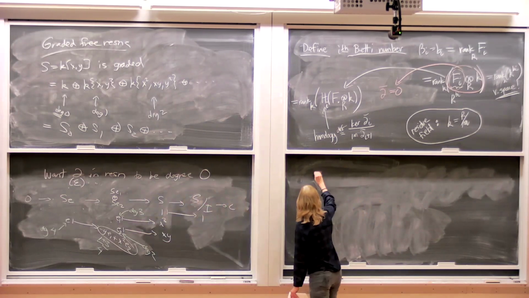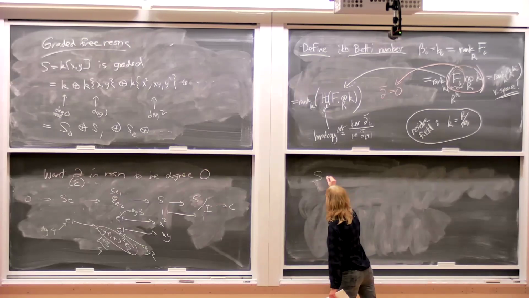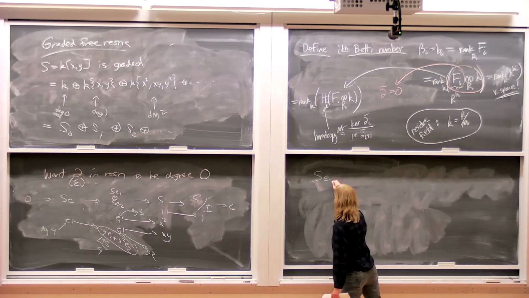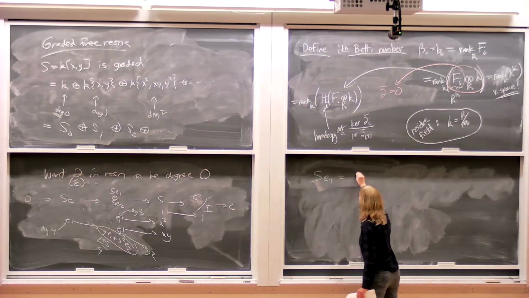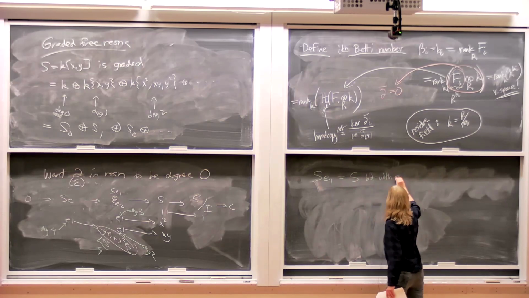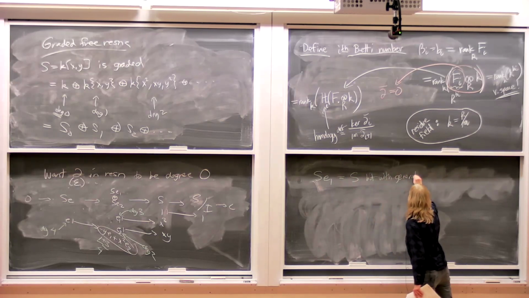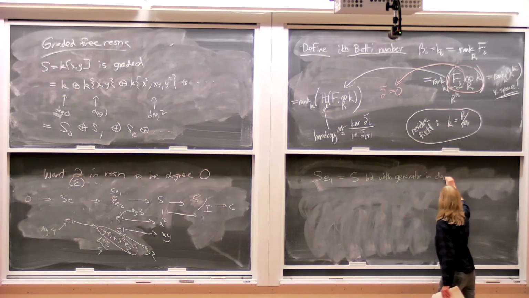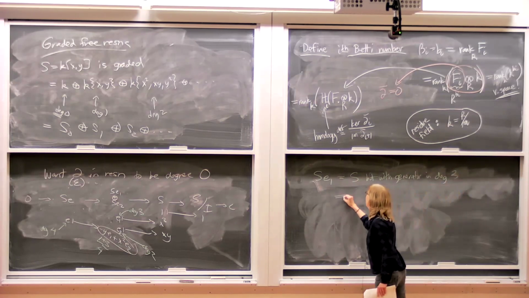So I'm going to write S E1. That's like S, but with generator in degree 3. So what we write is S shifted by -3.